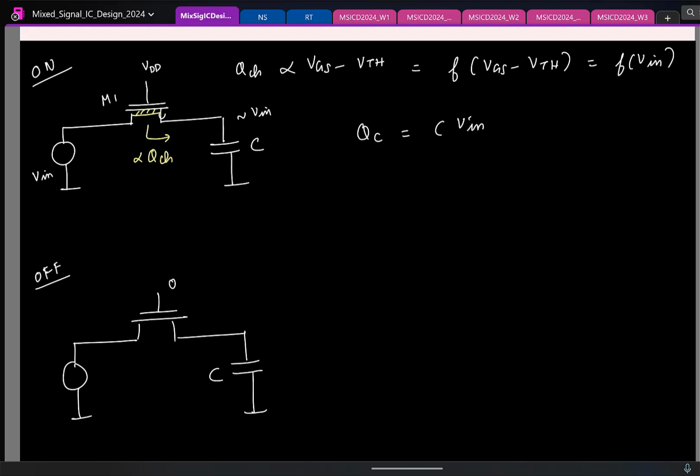Now what we are saying is, along with this charge, I am also injecting a portion of the channel charge. So what is the voltage across the capacitor? It is the entire charge divided by C, so this is what I get. And as you see, this will now be a nonlinear function of the input.